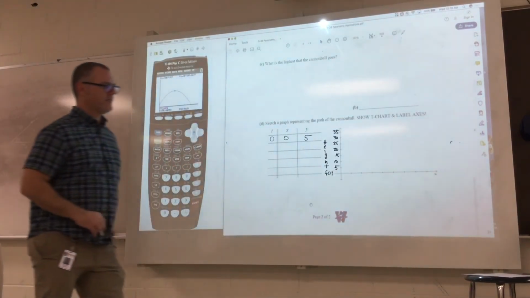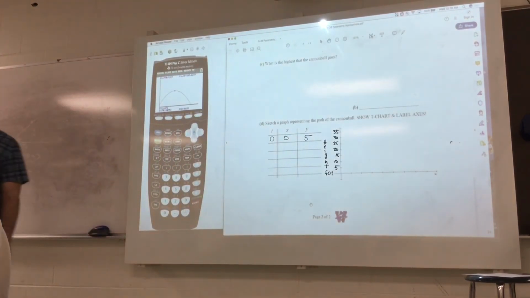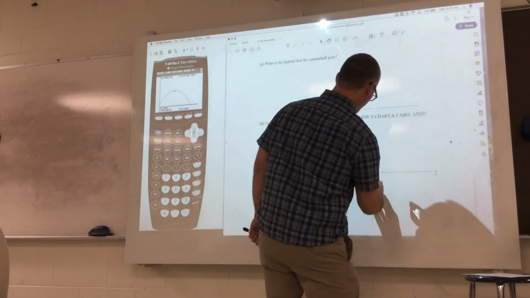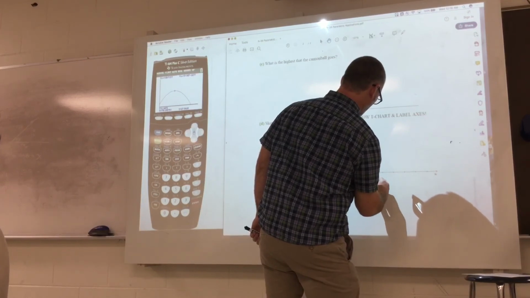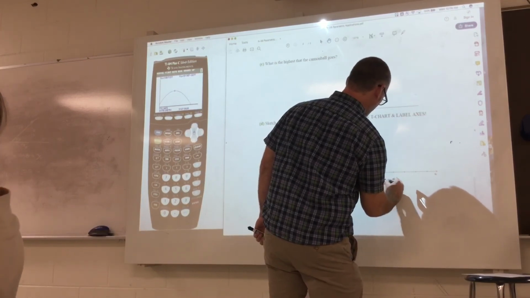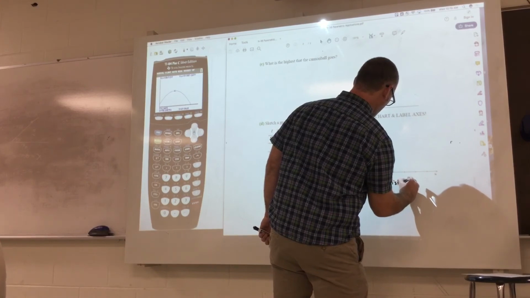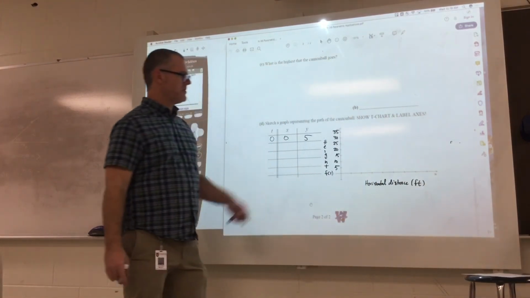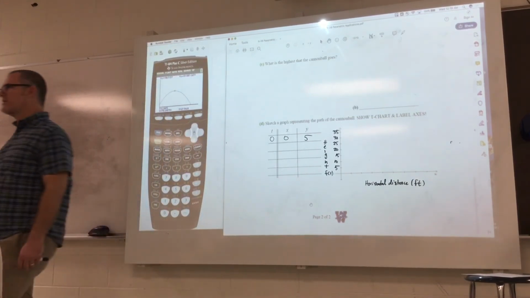When you're drawing a graph, you need to label what's on the axes. Height in feet, and then this one will be horizontal distance. There is no special name for horizontal distance, like vertical distance is height.